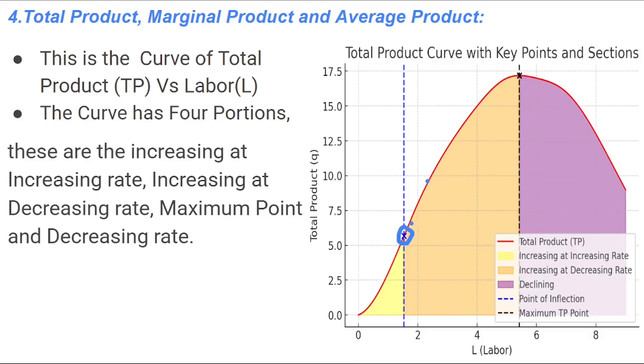And after point of inflection, our TP is also increasing, but it is increasing at decreasing rate. So what is increasing at increasing rate and what is increasing at decreasing rate? For this, we should see the previous slide.